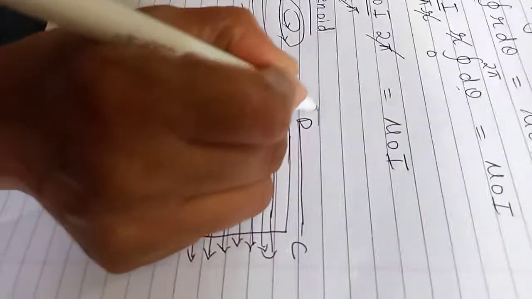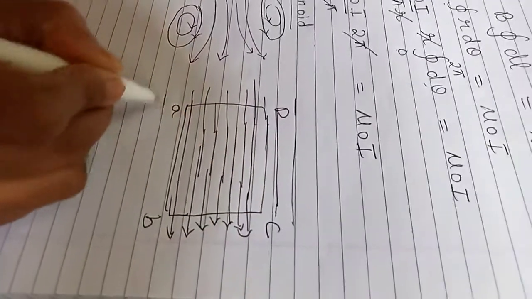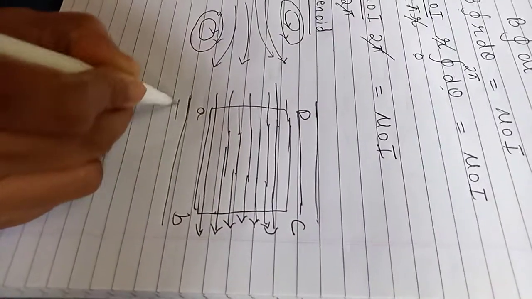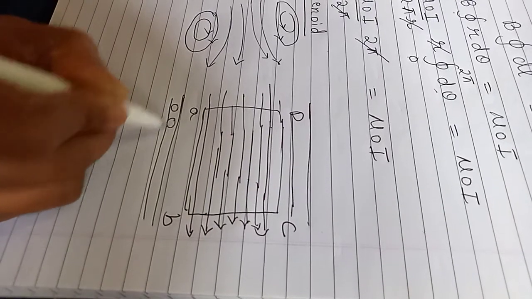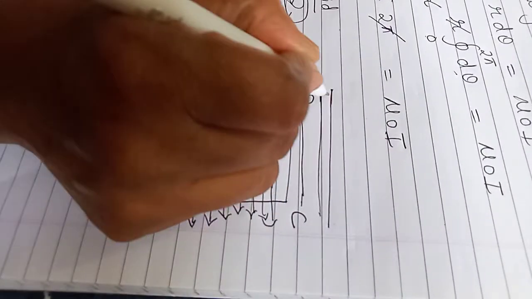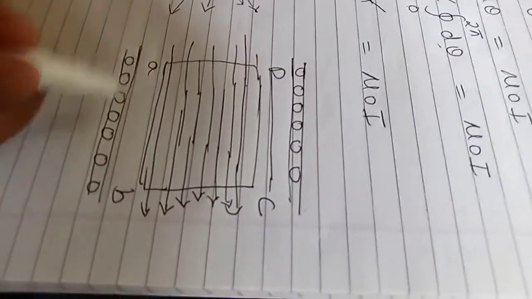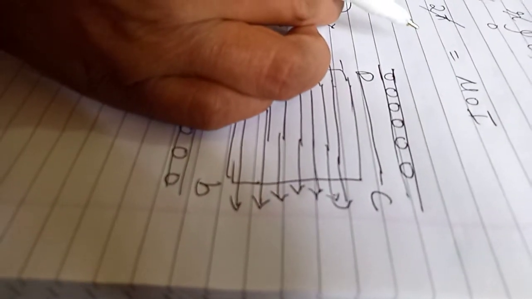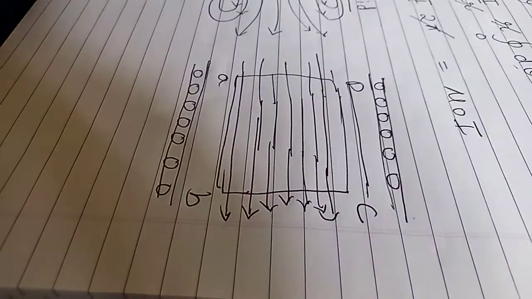And this is the solenoid's boundary, which is a coil of wire of large number of turns. Same derivation. AB, CD is the magnetic lines of force of the coil which is inside the solenoid.